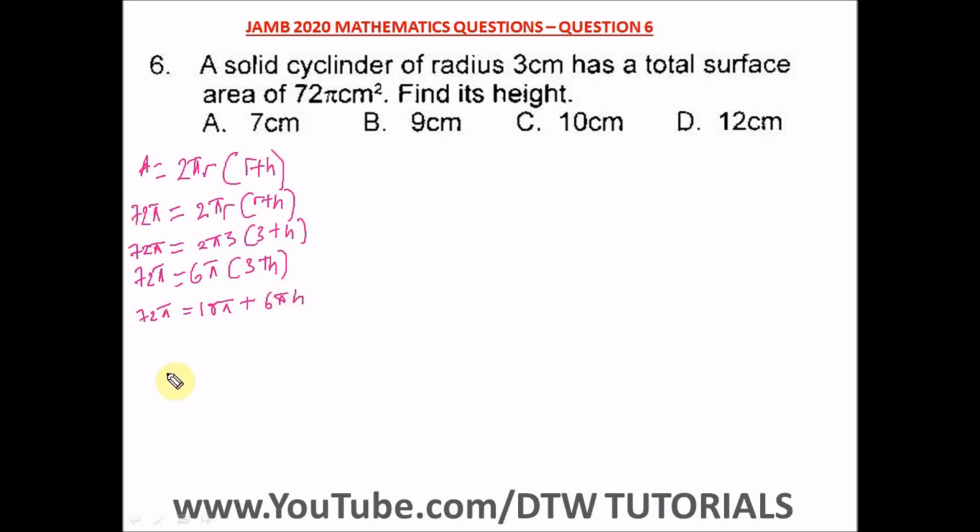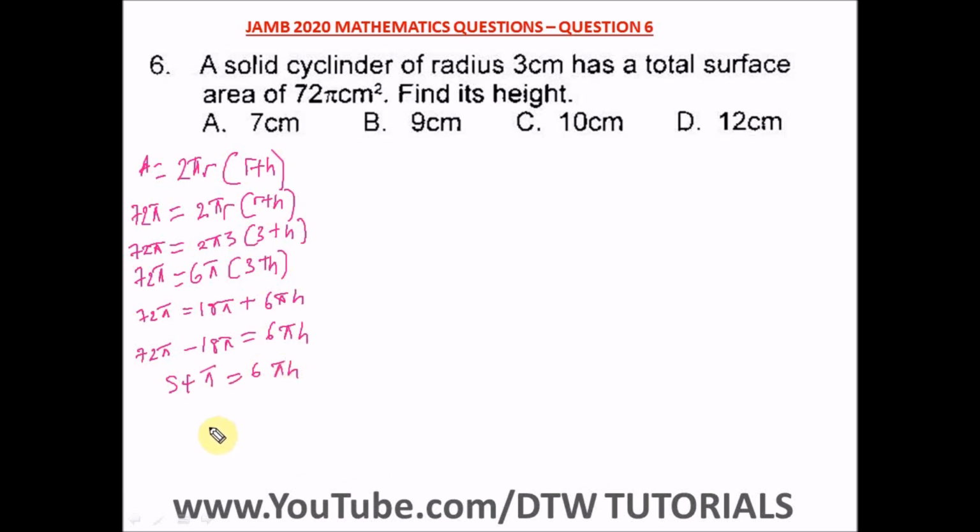So we collect like terms, so we have 72 pi minus 18 pi, because here it was plus 18, when it moves over it becomes minus 18, so it equals 6 pi h. So 72 minus 18, we have 54 pi equals 6 pi h.